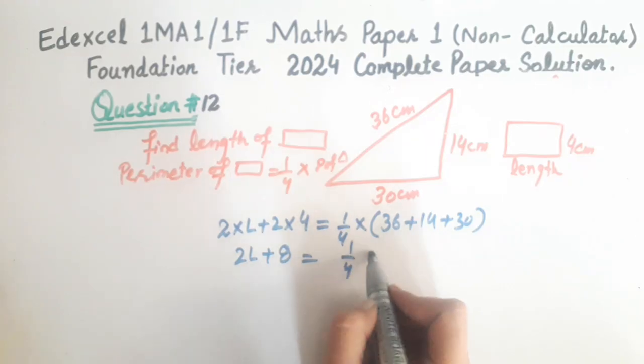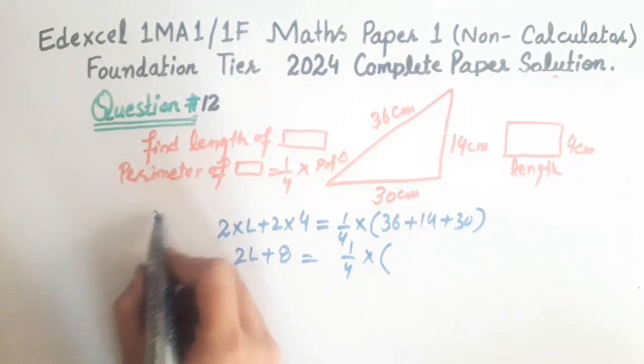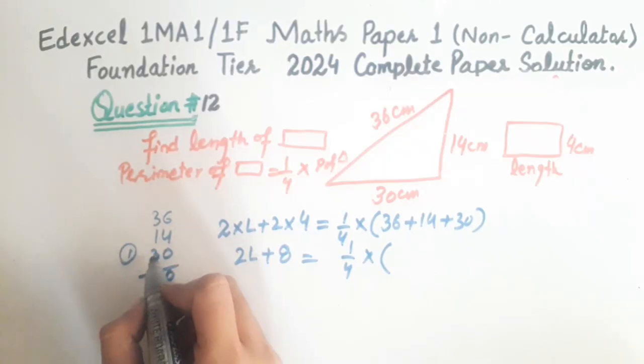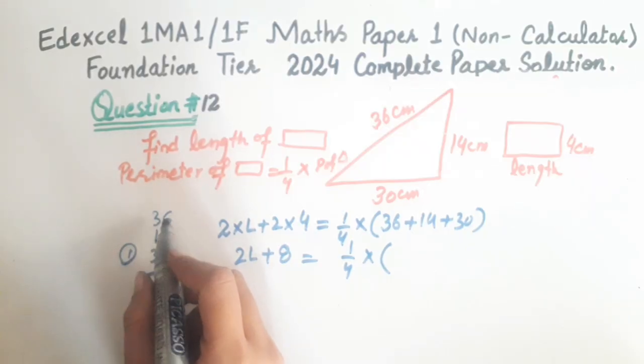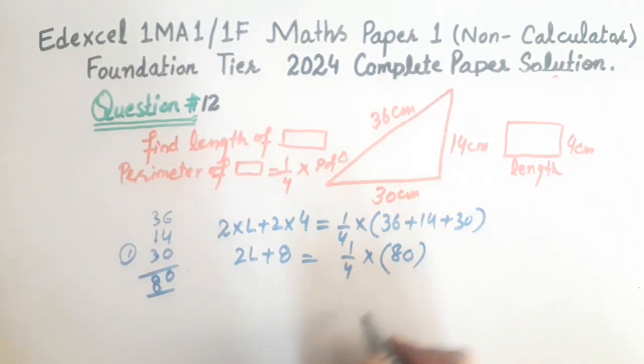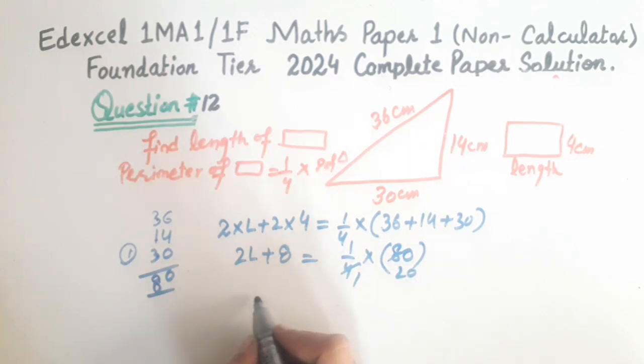And when we solve this, 36 plus 14 plus 30 is 80. 4 ones are 4, and this is 20.